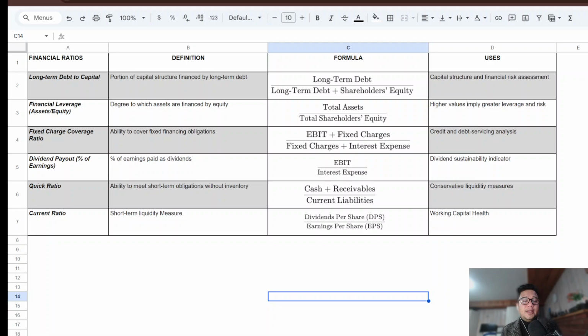Are the dividend rates increasing year over year? Is the company able to meet the obligation of paying those dividends? And overall, is the share value going up or down? This is a very good indicator of how good the company is from a payout standpoint.